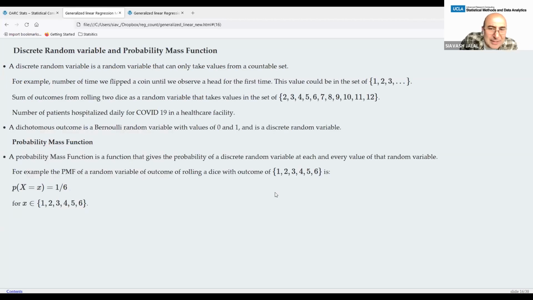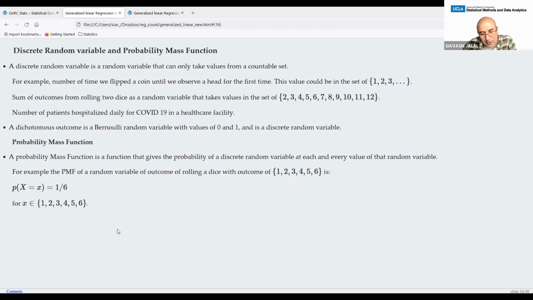Now, sometimes the variable is not continuous, and it gets countable values. For example, you can get integer values only.